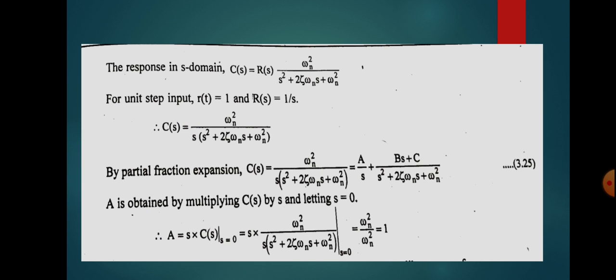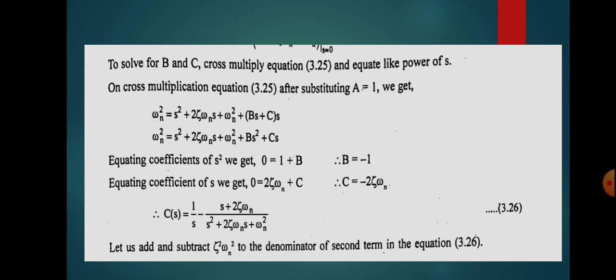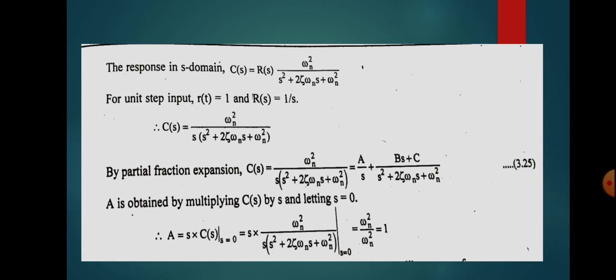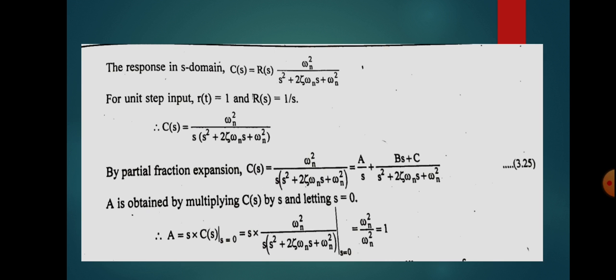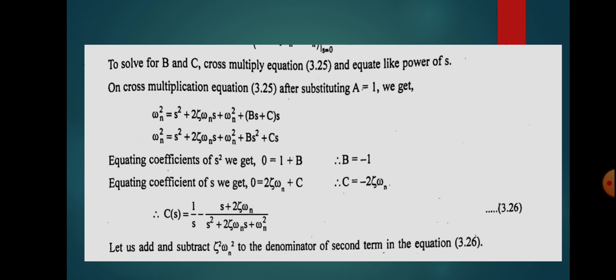Similarly, for finding B and C, first of all we can cross multiply the terms on the right hand side. We know that A will be equal to 1, and we can substitute 1 instead of A. That equation will become omega n square is equal to s square plus 2 delta omega n s plus omega n square, plus Bs plus C into s.